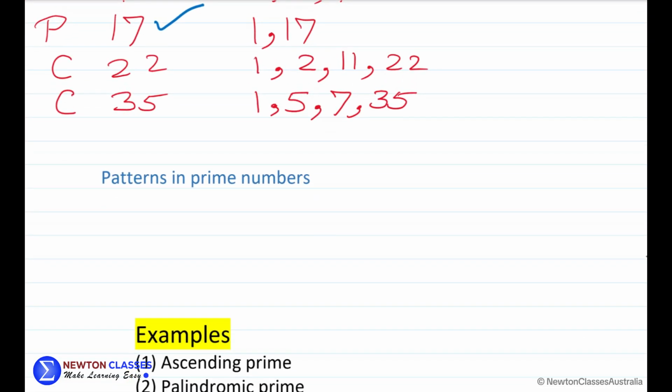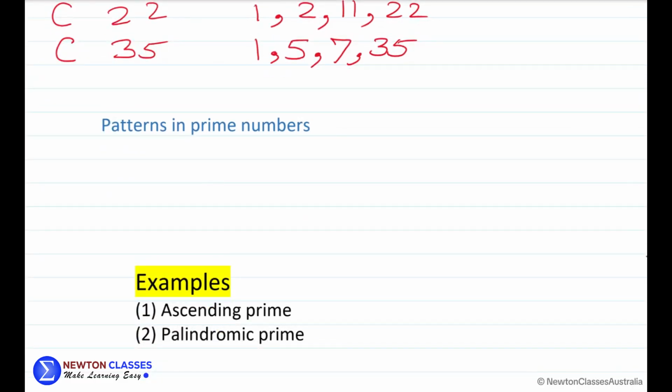Now there are some other properties of prime numbers. For example, there are some patterns coming up in different prime numbers. For example, I can take one big number which is pretty big, and that is called an ascending prime number.